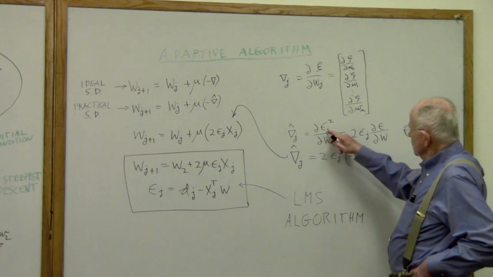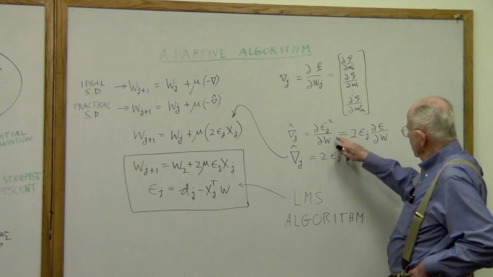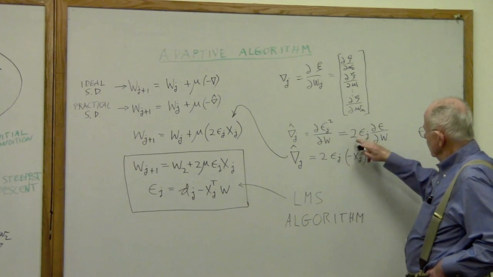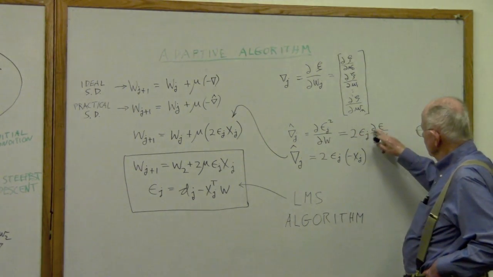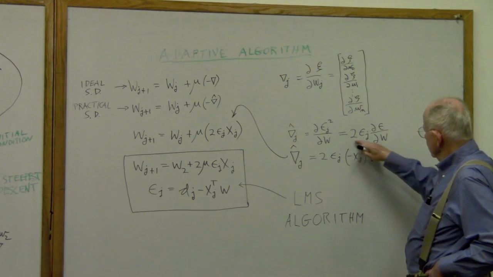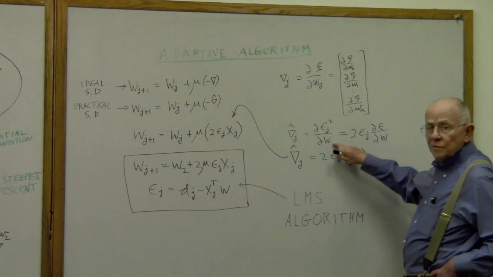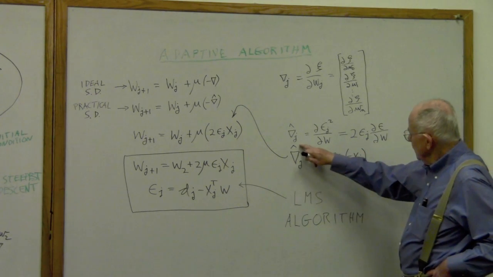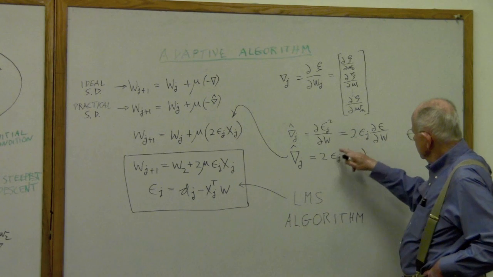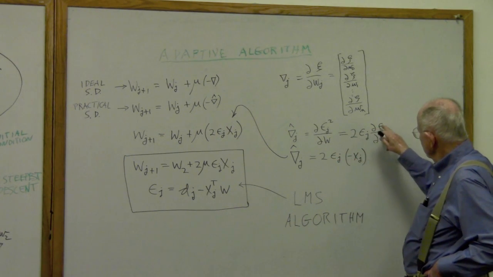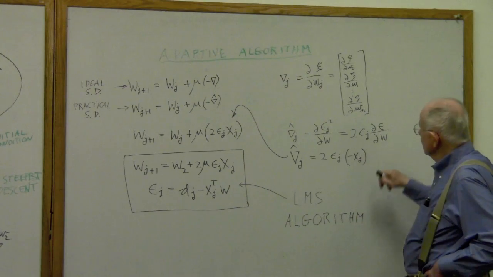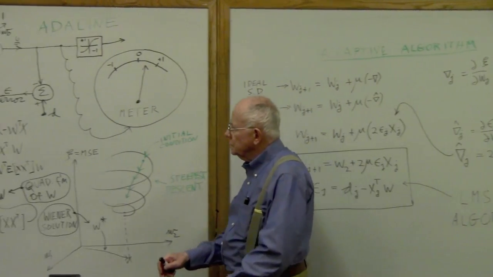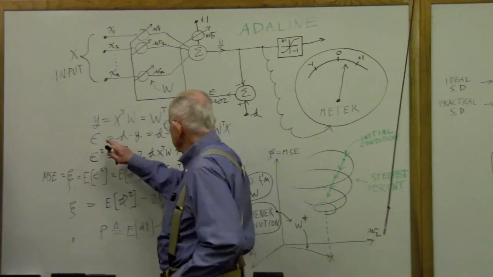So the derivative of the square of the error with respect to the weights. From elementary calculus, we know that the derivative of the square of something is twice that something multiplied by the derivative of the first power of that something. So the gradient hat is 2 epsilon j times the derivative of the error with respect to the weights. We have to go back to our other blackboard frame and look at the error.